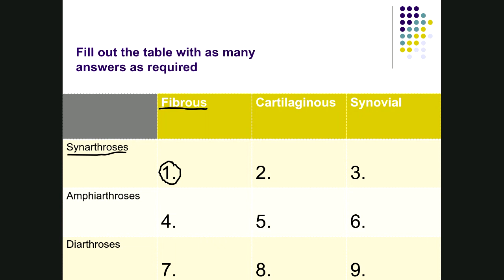Remember, fibrous means that there are fibers holding the bones together. Synarthrotic means no movement whatsoever. They're immovable. So a good example of that is the adult suture. That is a synarthrotic joint. And so I might ask you to do that for each one of these.